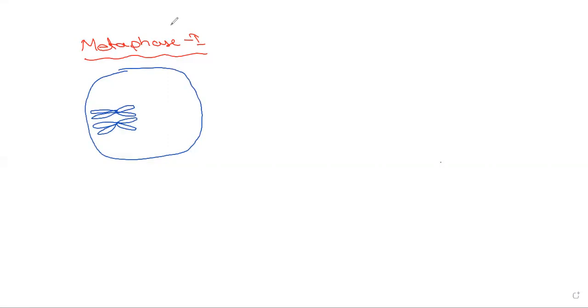And let me make this in colors. So this is one chromosome. Suppose this is one chromosome and this is another chromosome, and as we have discussed earlier, there will be exchange of segments.